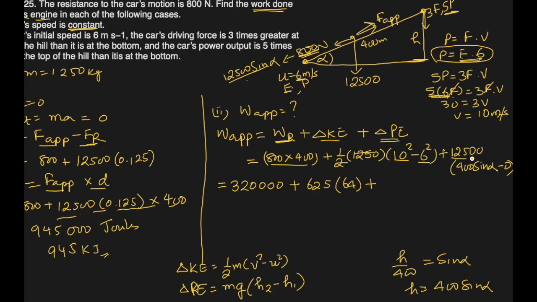So I can write it 12500 sine alpha, 0.125 and 400 was also there, right? 400 and 0.125. Yeah, this is what I will put in my calculator and I should get the answer.